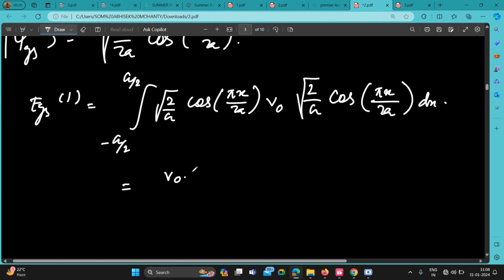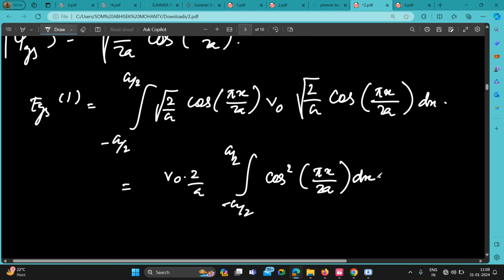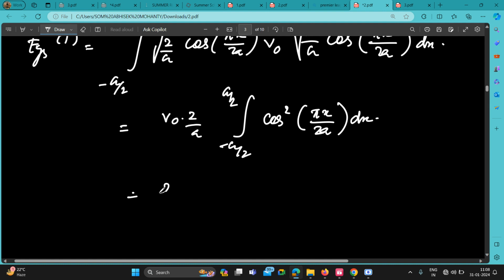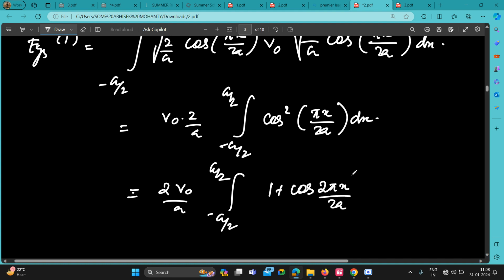So v naught into 2 by a, integral minus a by 2 to a by 2 cos square pi x by 2a dx. So 2 v naught by a, integral minus a by 2 to a by 2 of (1 plus cos 2 pi x by 2a) whole divided by 2 dx.